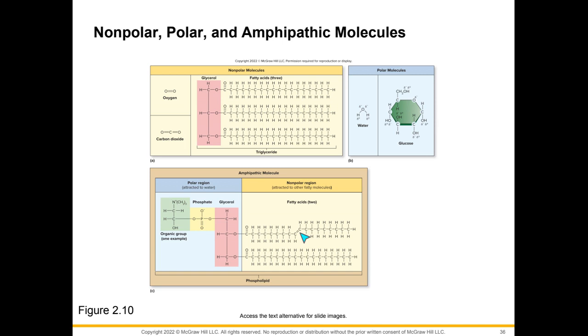Omega fat is considered good for you. So you know the term omega, why is that important? I don't know if you guys are religious, but they describe Christ as the Alpha and the Omega. Alpha is the beginning, Omega is the end, right?